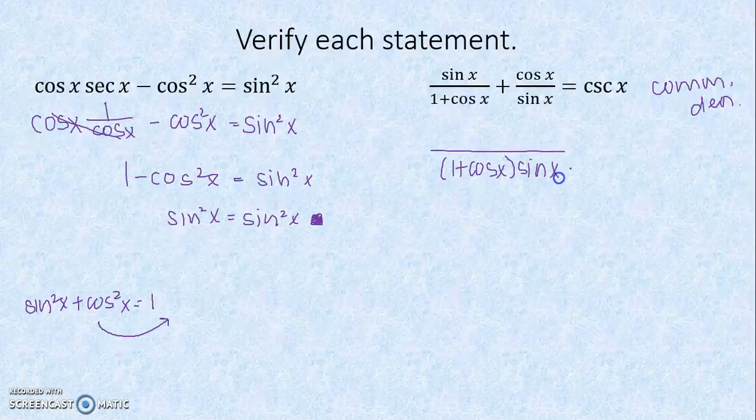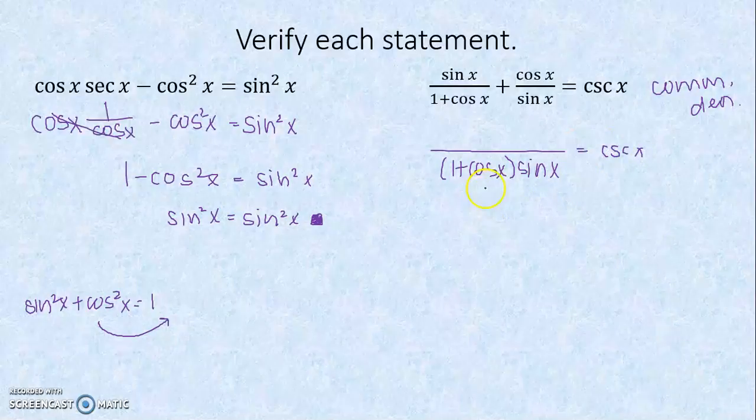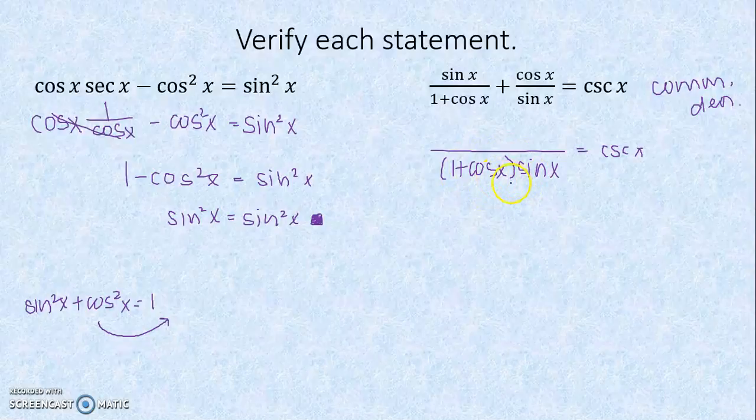I'm going to tell you that about 90% of the time you're not going to want to multiply that out, because then you would have sine x plus sine x cosine x, which is not very helpful. So just get used to not multiplying that part out when your trig functions don't match. Every once in a while you will need to simplify, but 90% of the time you're not going to.